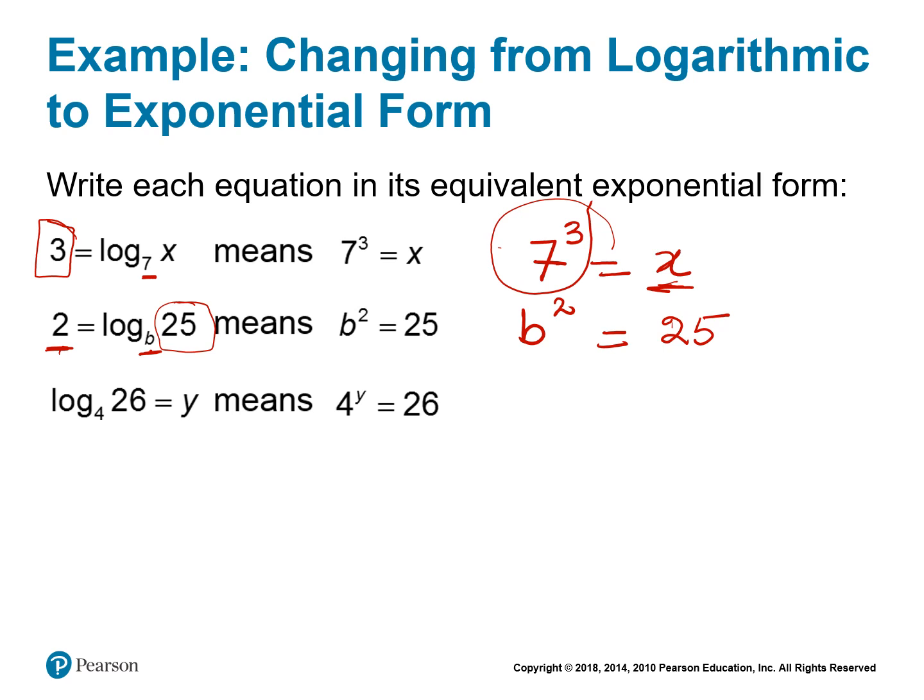So when we put it in exponential form, we start with the base 4. This is the exponent y equals 26, which goes to the other side of the equation in the exponential form. Okay, so this is how we go about changing from logarithmic to exponential.